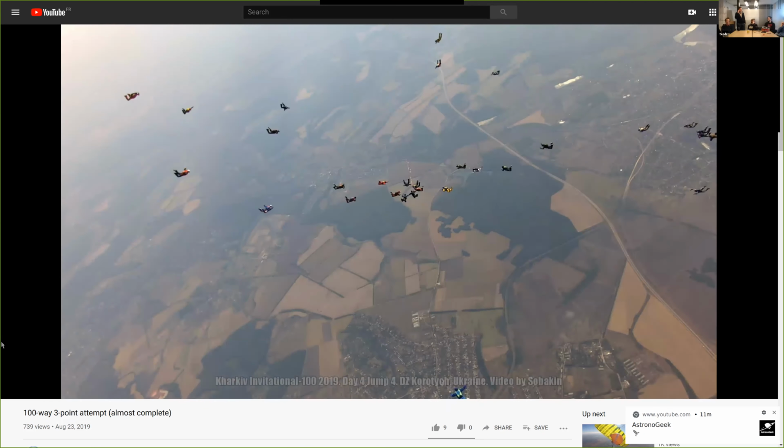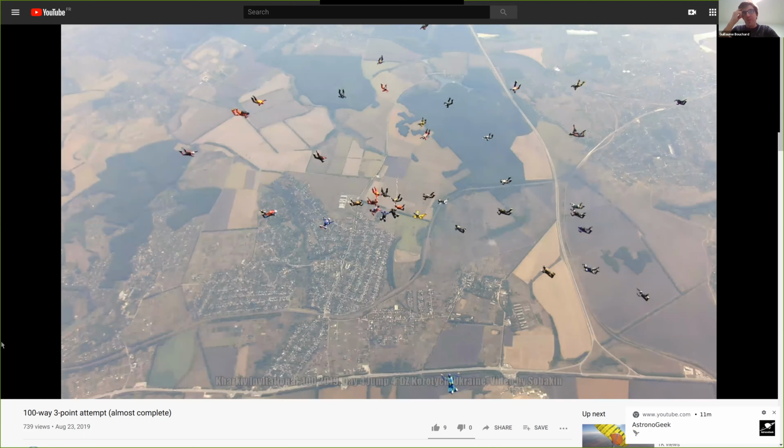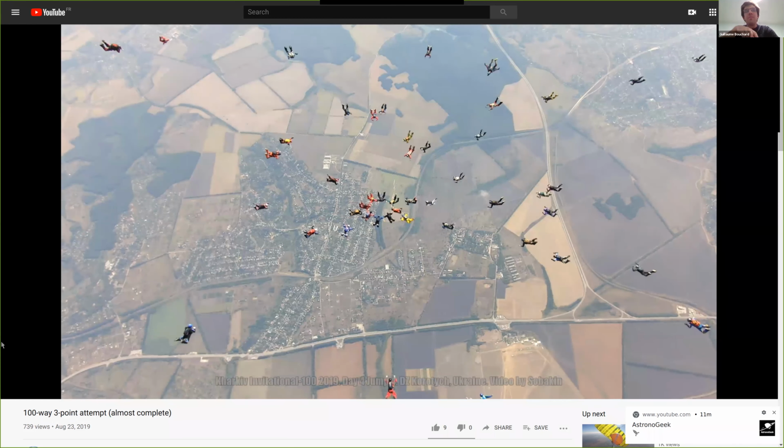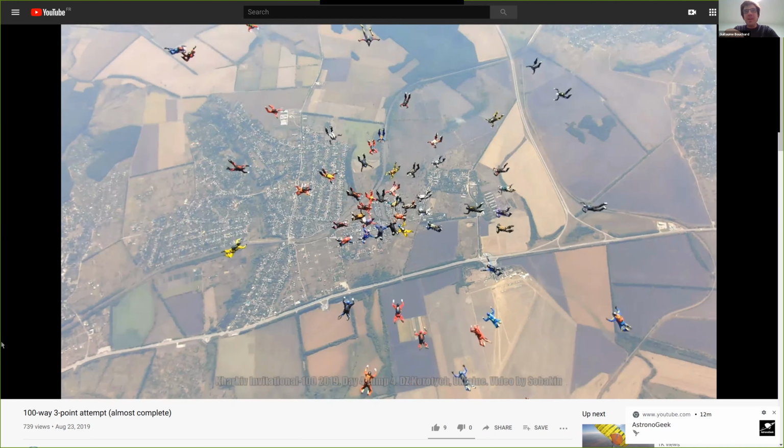The idea is first to do a formation, and then, if possible, to do some points, so we break the formation and do another formation and so on.